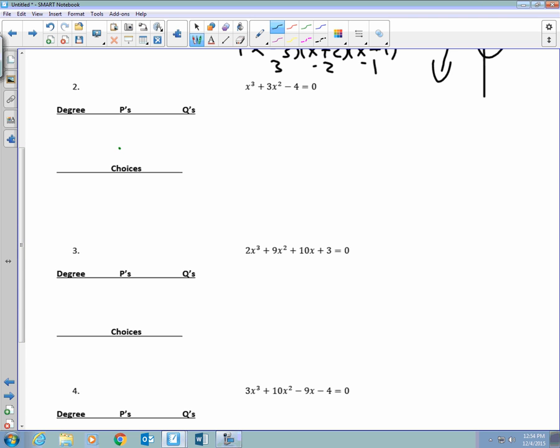Let's try number 2. x to the third plus 3x squared minus 4. What degree? Third degree. What are my p's? 1, 2, and 4. What are my q's? 1. So what are my choices?